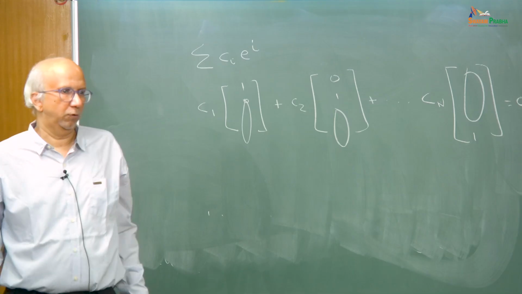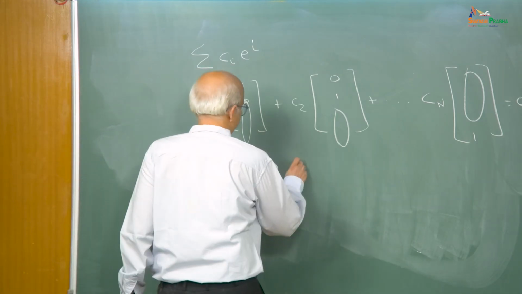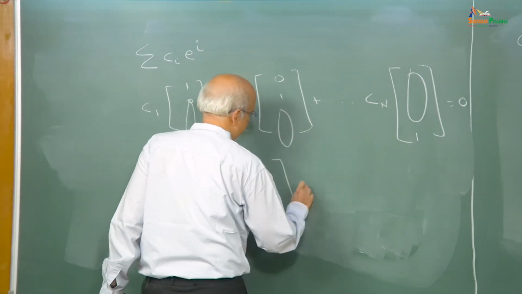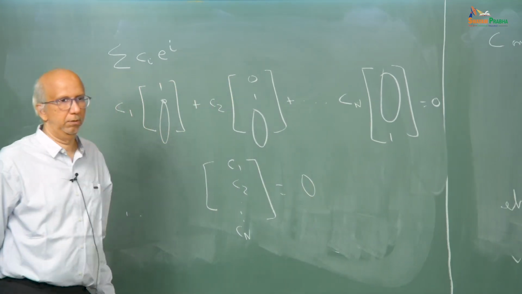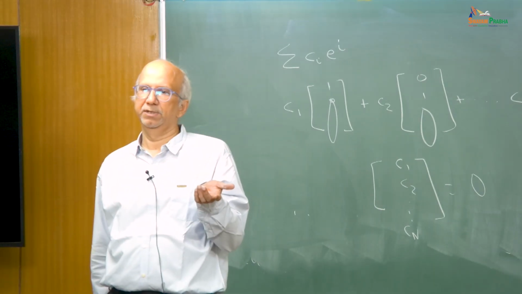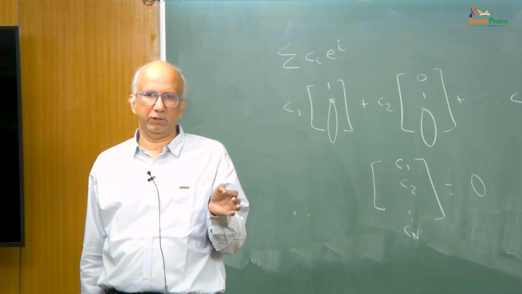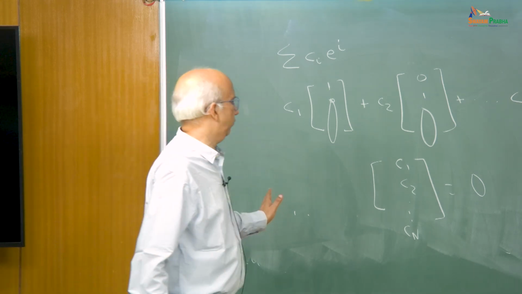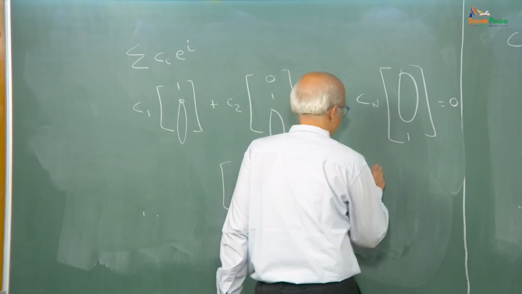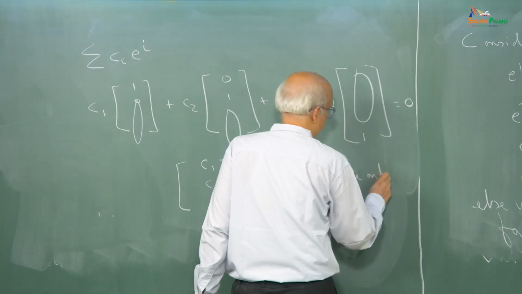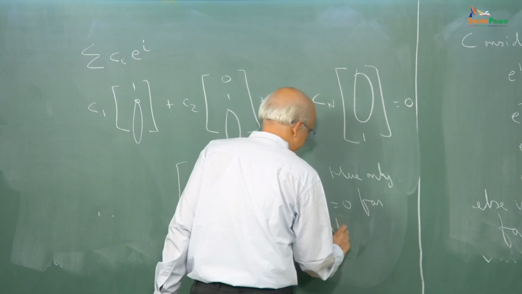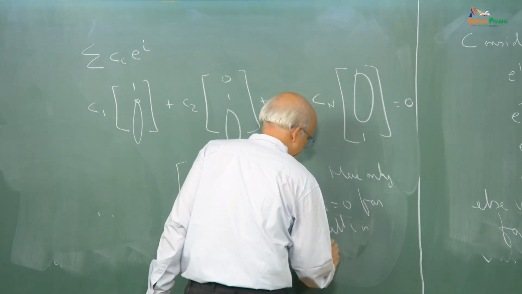So, what is this? This is basically C1 C2 Cn is equal to 0. So, the only solution possible is all the Ci's have to be 0, only then this vector will be equal to the 0 vector. Here only Ci equal to 0 for all i is possible.